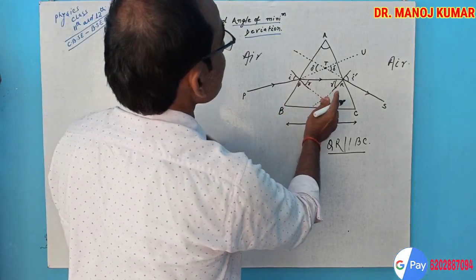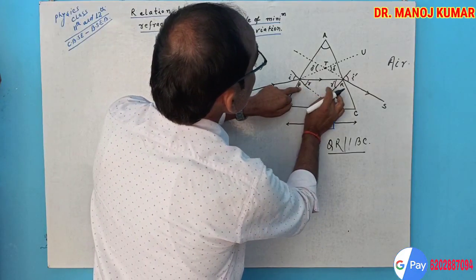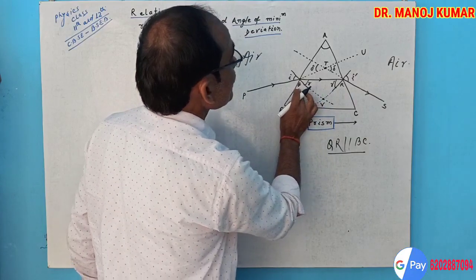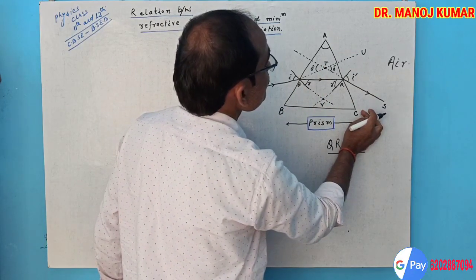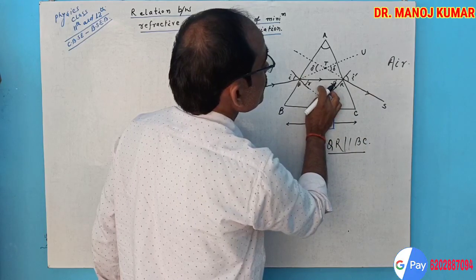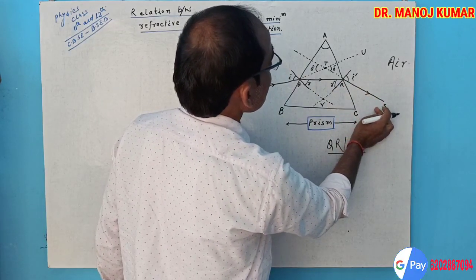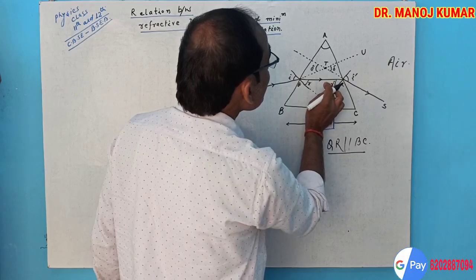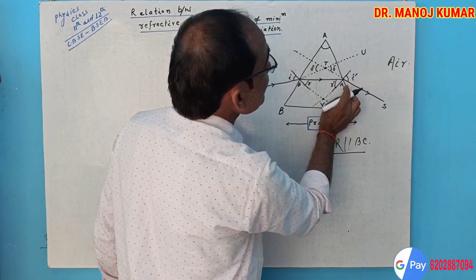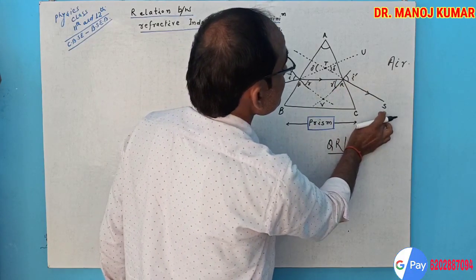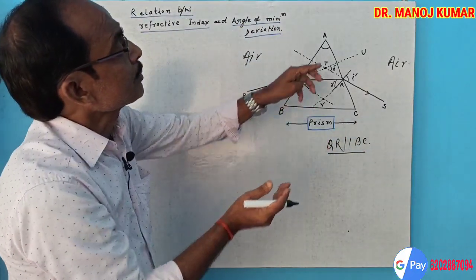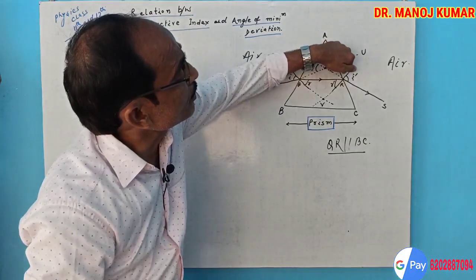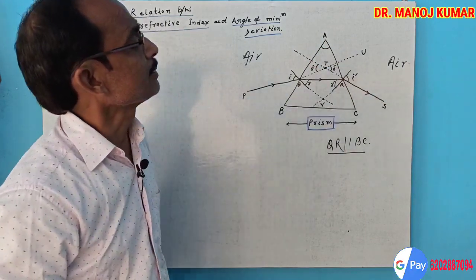Here QR strikes the AC surface from denser to rarer, and the refracted ray RS bends far from the perpendicular, it goes away from the perpendicular.